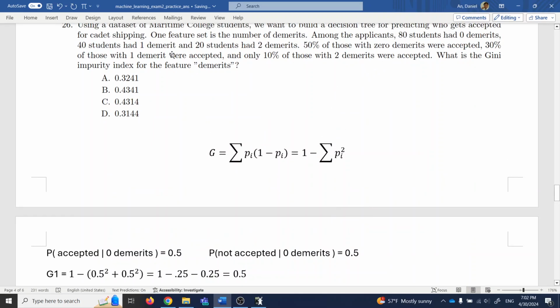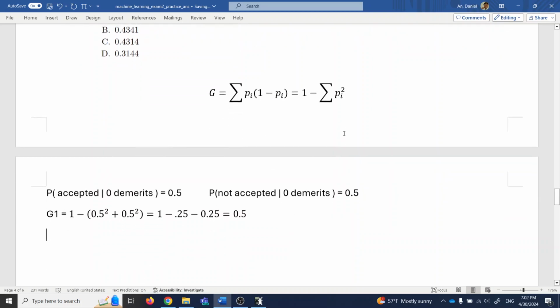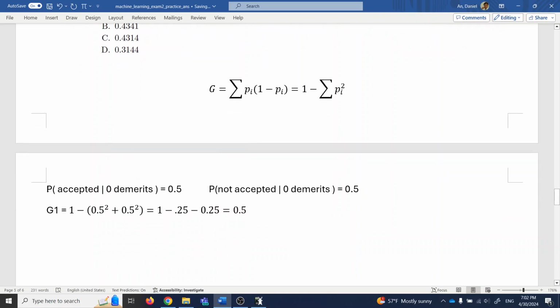The second one is the people with 1 demerit. In that case, 30% are accepted and 70% are not accepted.